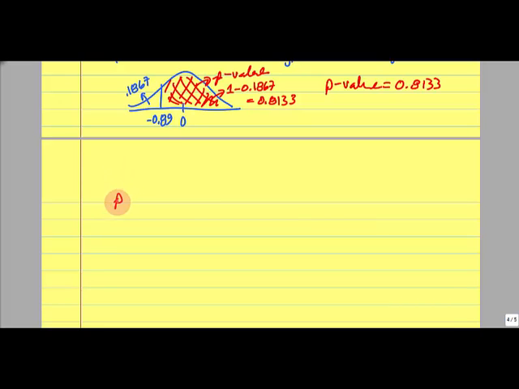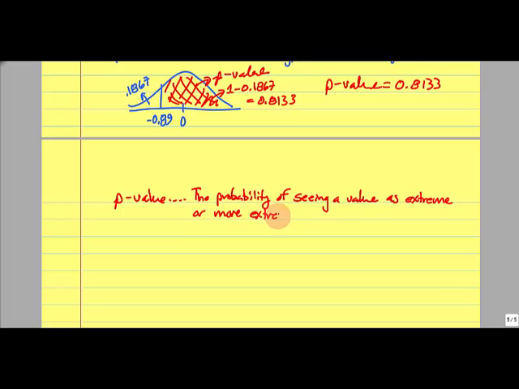So the p-value is the probability of seeing a value as extreme or more extreme than the test statistic.